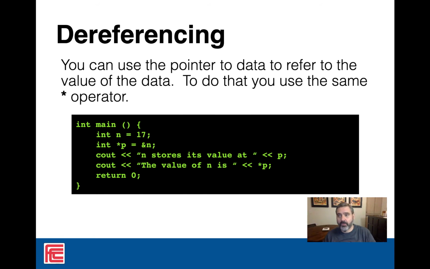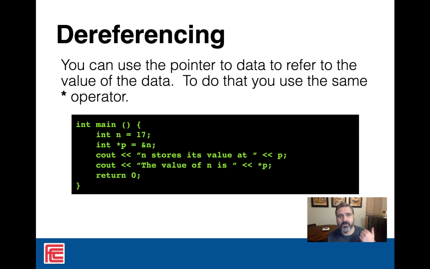So in other words, I'm not going to give you the actual address. Like for that first line, I'm printing out p, that's going to give me an address, the location of wherever n is. But when I do star p, I'm going to go to that address and it gives me whatever value is at that location. So star p is going to print out 17.